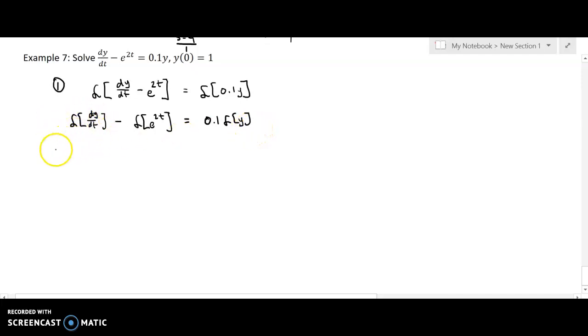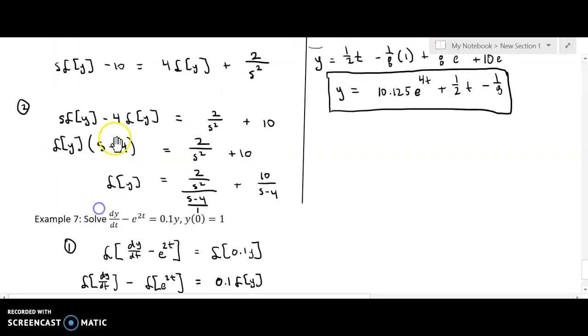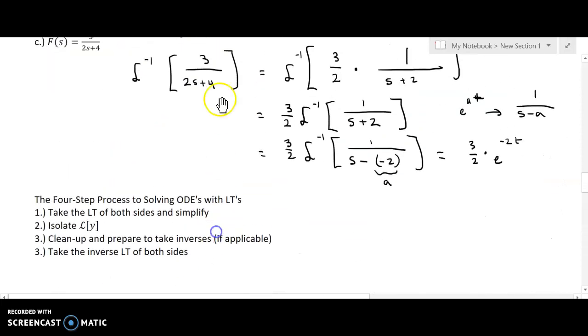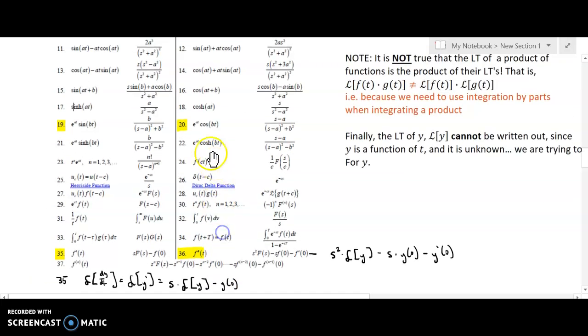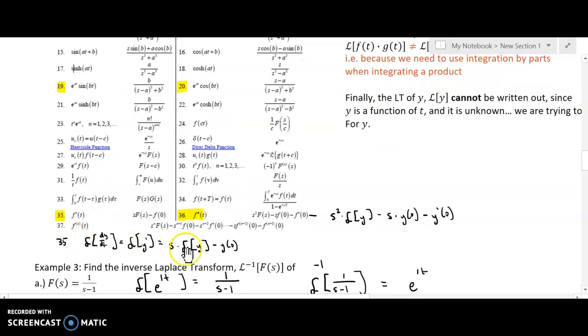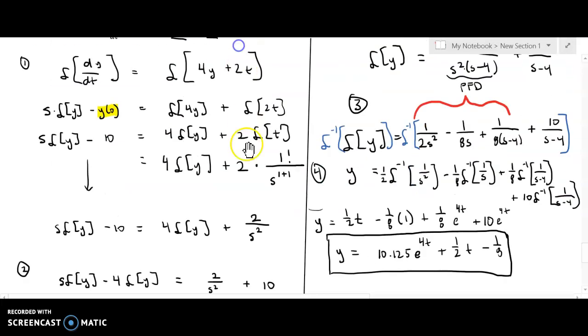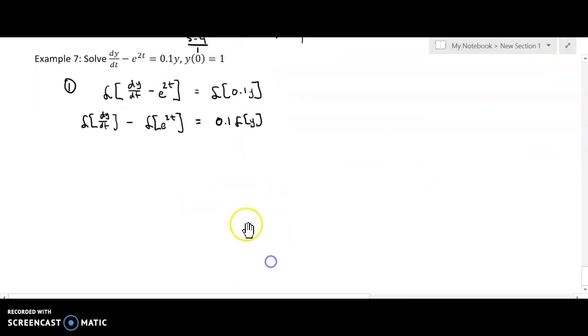So now we're going to expand these. Laplace of dy dt, going way back to our formula sheet of Laplace transforms, we see that the Laplace of dy dt, number 35, is s Laplace of y minus the initial condition. And so now we're going to implement that and plug in our initial condition, which is given as 1. So we have s Laplace of y minus, now the Laplace of e to the 2t.